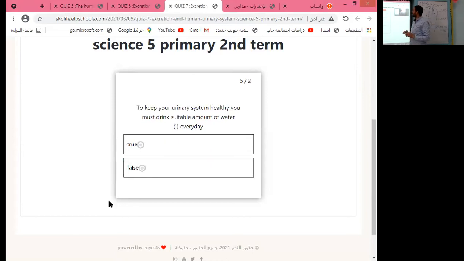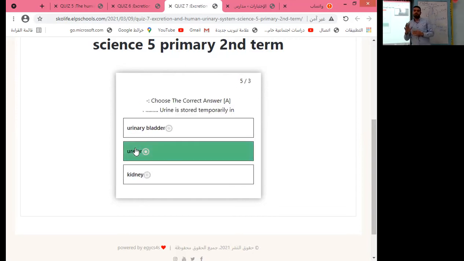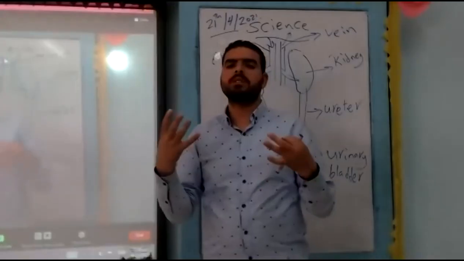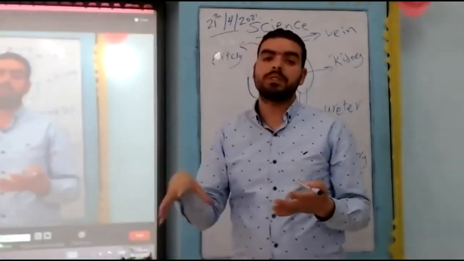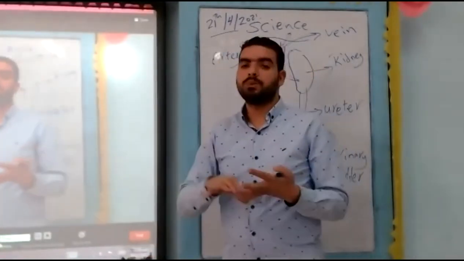To keep your urinary system healthy, you must drink suitable amounts of water every day. The answer will be true, and we must stop here to take some advice to keep our urinary system healthy. You must drink an appropriate amount of water every day, because the salts in our body are dissolved in this water.